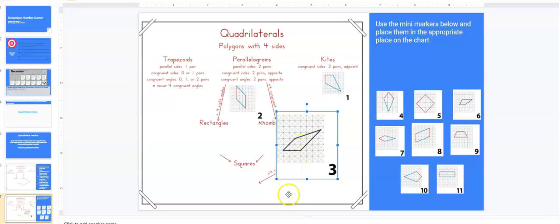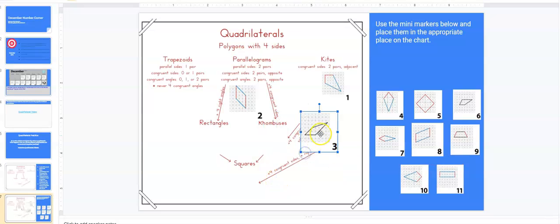A trapezoid would have to have 1 pair of parallel lines. So I think this one, yep, is parallel to this one. You can see this line and this line are parallel. So this would make this one a trapezoid. So I'm going to make this smaller and move it over here.